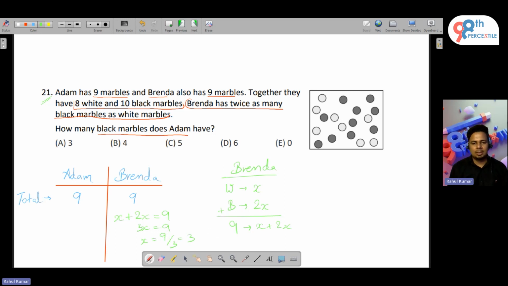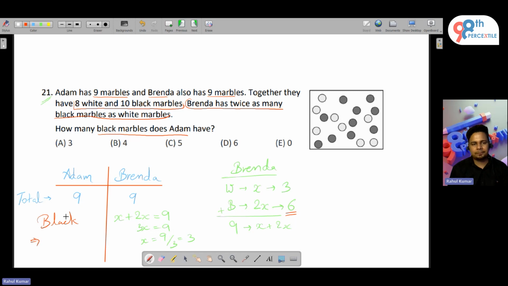It means the number of white marbles Brenda has is 3, and the number of black marbles Brenda has is 2 times 3, which is 6. So Brenda has 6 black marbles. We need to find how many black marbles Adam has.